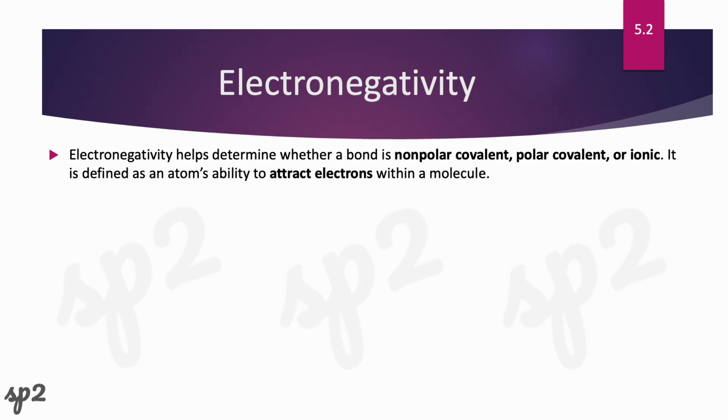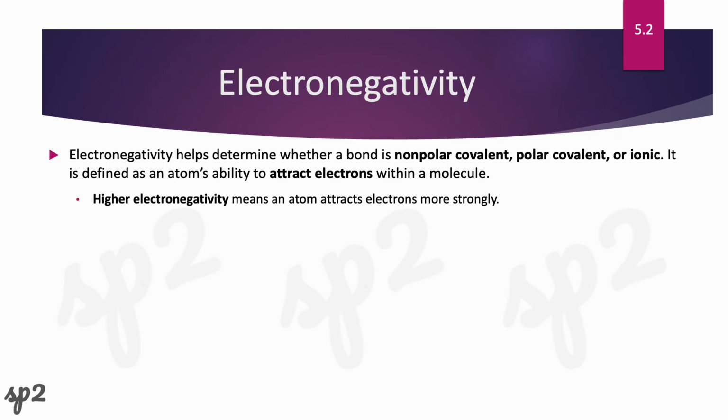Okay, so the force, stronger or weaker, can be understood by looking at the electronegativity, right? The electronegativity helps us determine whether a bond is nonpolar, polar, or even ionic. It defines an atom's ability to attract electrons within a molecule.